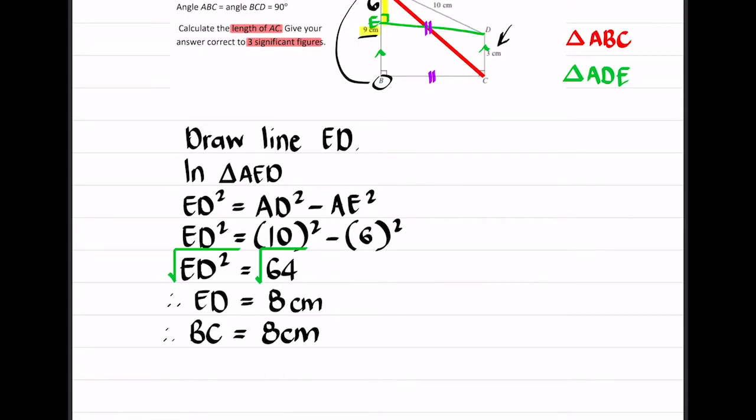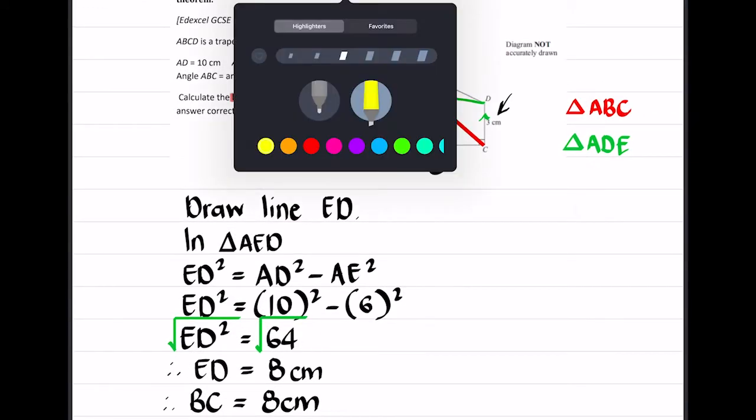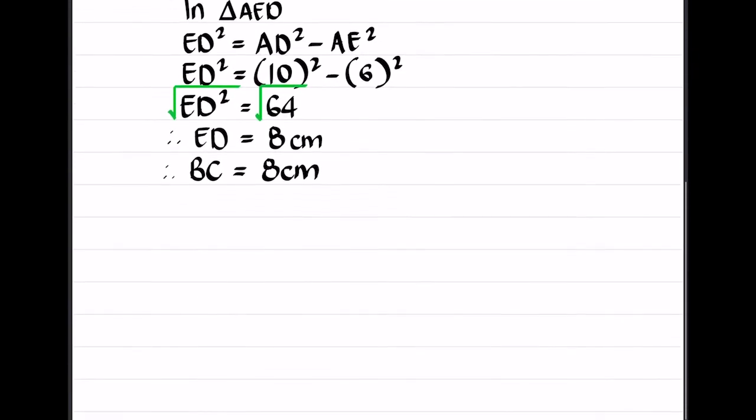So if BC is equal to 8 centimeters, I can write this 8 onto my diagram. Now I can work with this triangle that I'm coloring in. I ignore everything else on the diagram, and now I have triangle ABC. I have the length AB and the length BC, which means I can calculate AC.